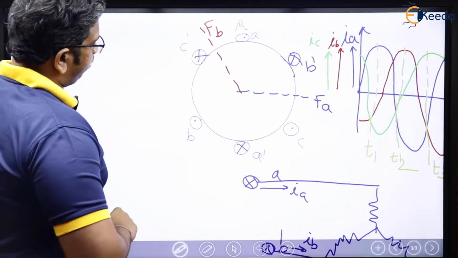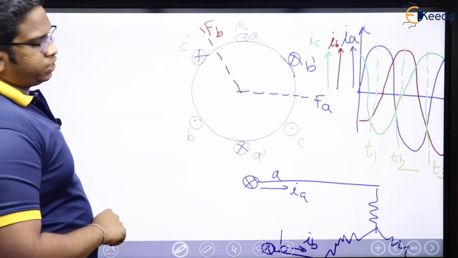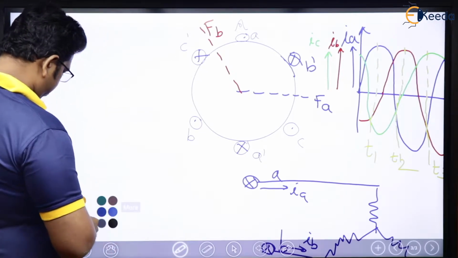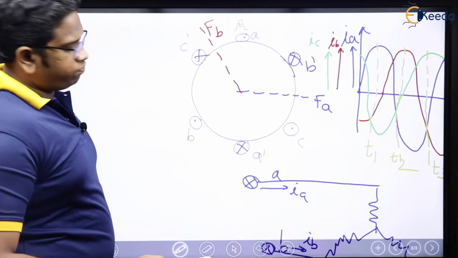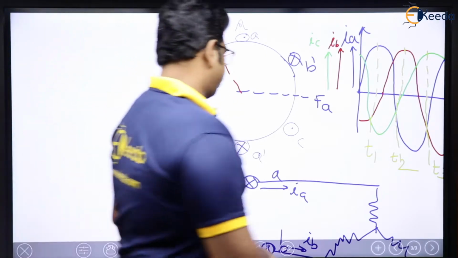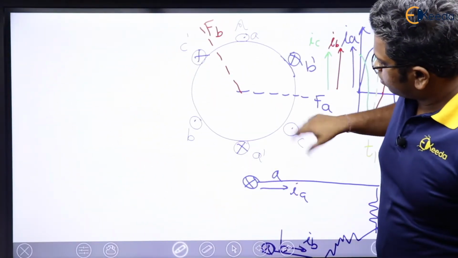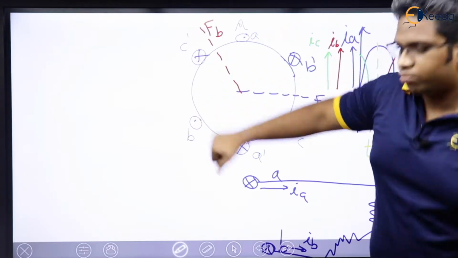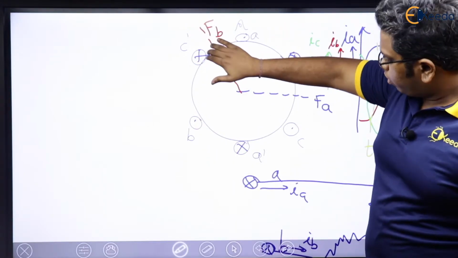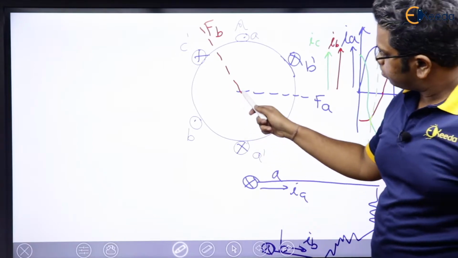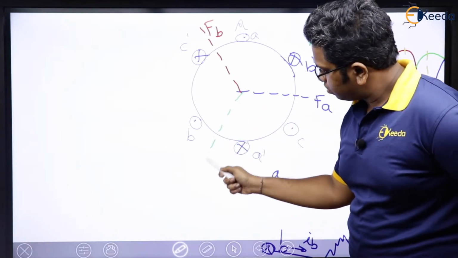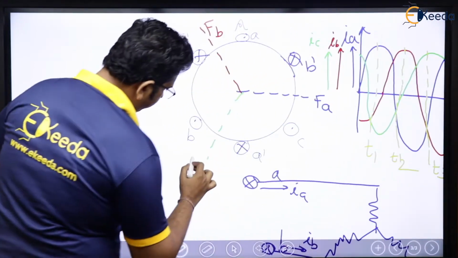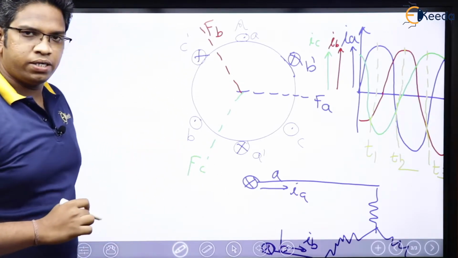Axis of MMF. What about FC, sir? FC is very simple. This is cross and this is dot. Into the board, out of the board. This is going to be the direction. Right? So this is going to be FC, right?